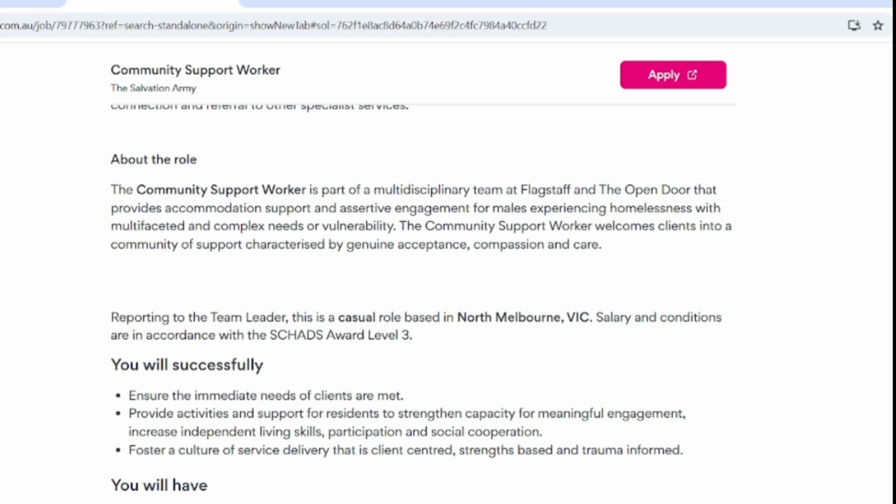So you can tell that here the community refers to all the men coming together who have a similar issue, and the issue is homelessness. The community support worker welcomes the client into a community of support characterized by genuine acceptance, compassion, and care. In this role, you would be reporting to the team leader. To be successful in this role, you need to have these top 3 bullet point duties.